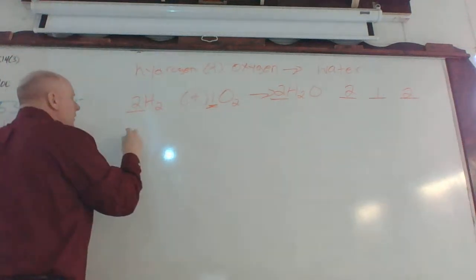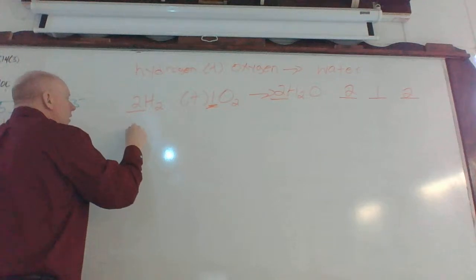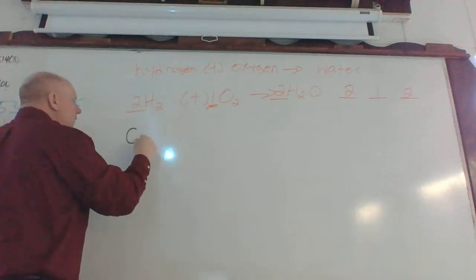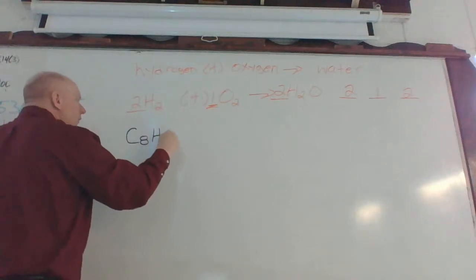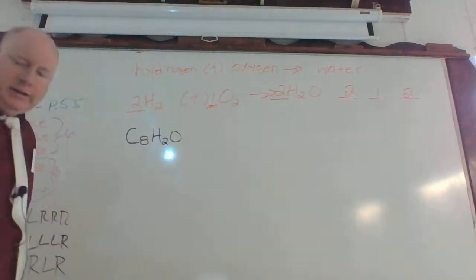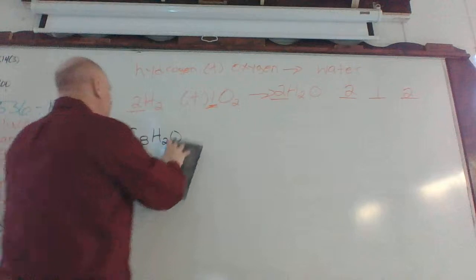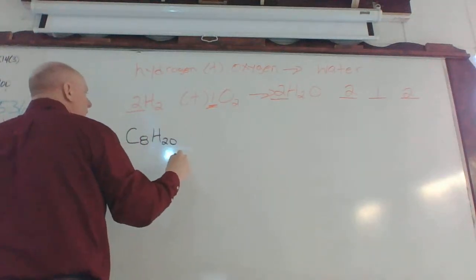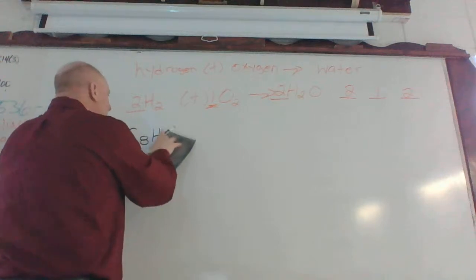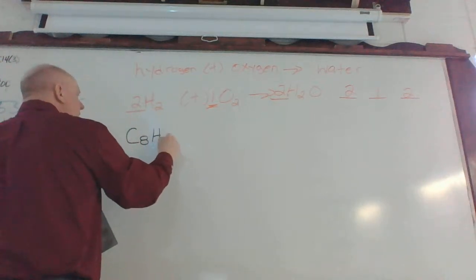Okay, so again, an example of a combustion type. Let's say, for instance, we would have C8, okay, H20, okay, octane, not H2O, H20, okay, oops, not 20, 18.